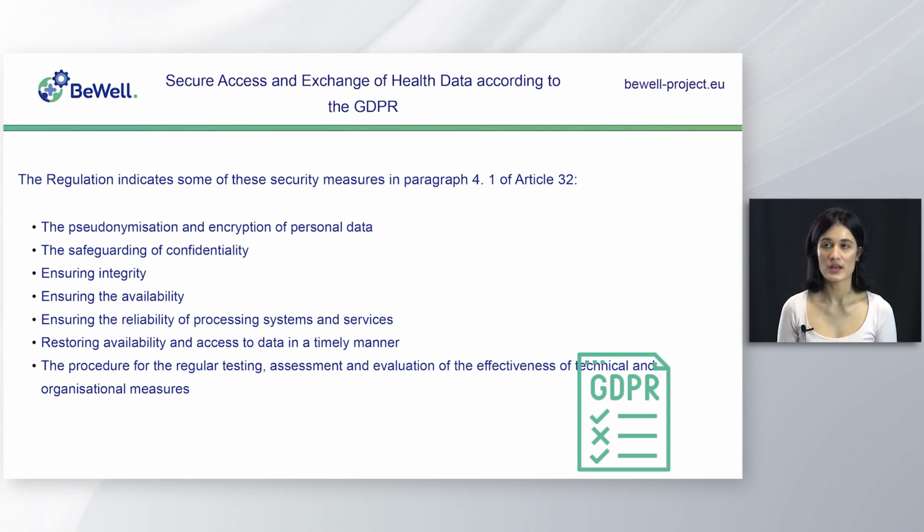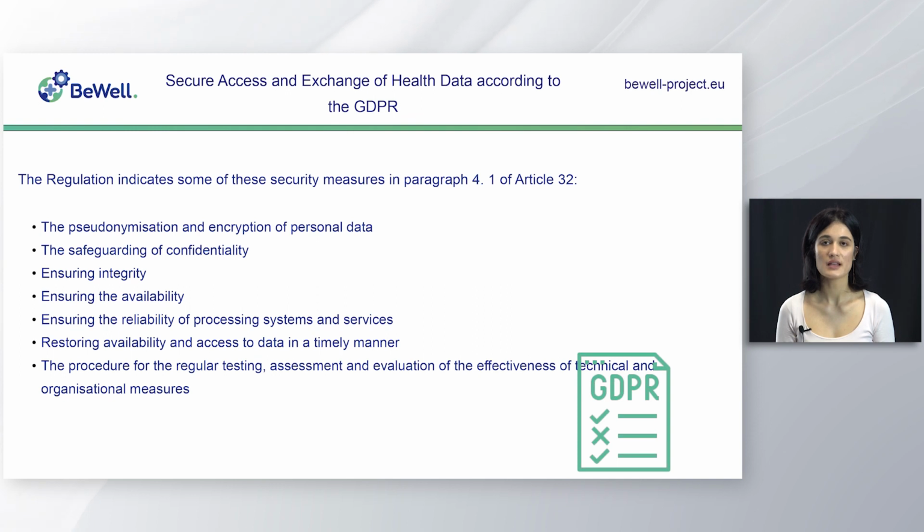The difference between pseudonymization and anonymization is that pseudonymized personal data can, at any time, with the use of additional information, lead to the identification of a person, whereas anonymized data can never identify a person, even with additional information. 2. The safeguarding of confidentiality.